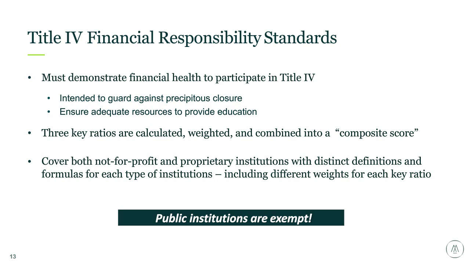These ratios are important because they measure whether or not the organization has adequate resources to provide education and to guard against precipitous closures. These ratios are only applicable to not-for-profits and proprietary higher education institutions, and they do not apply to public institutions. I think 37% of you responded that you're with a public institution, so this section is not applicable to you.